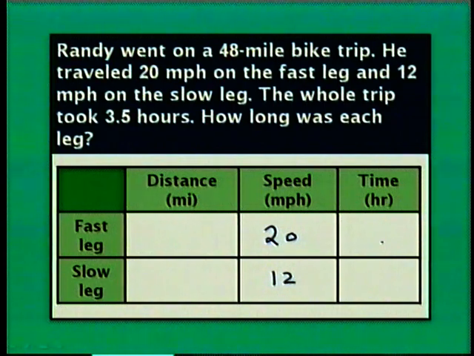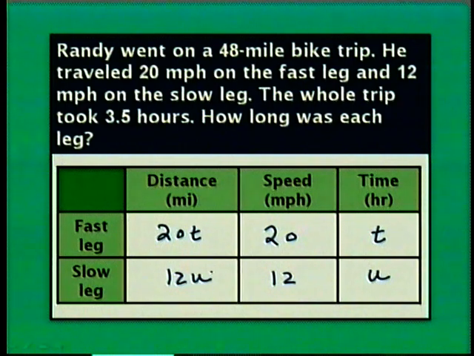Well, let's say he spent t hours cycling at 20 miles per hour and u hours cycling at only 12 miles per hour. Can I calculate the distance? Well, I can. Distance equals speed times time. So I know he traveled 20t miles on the fast leg and 12u miles on the slow leg.